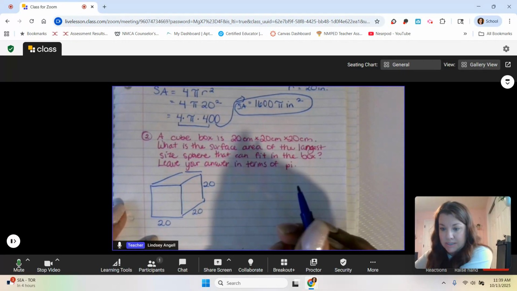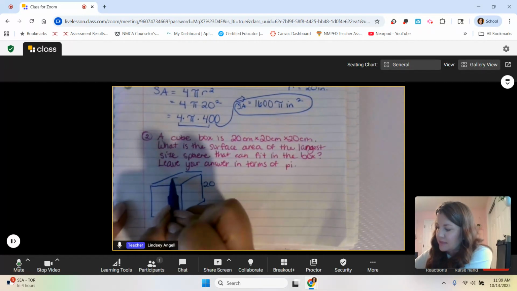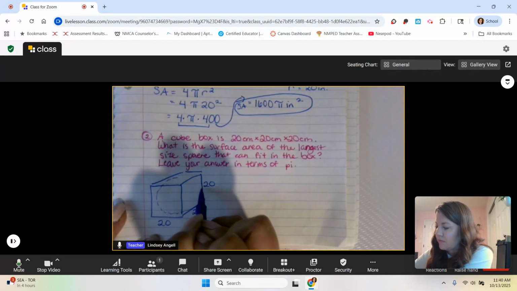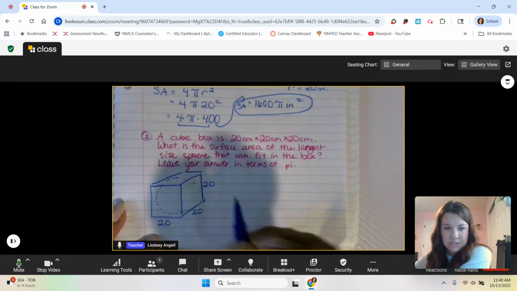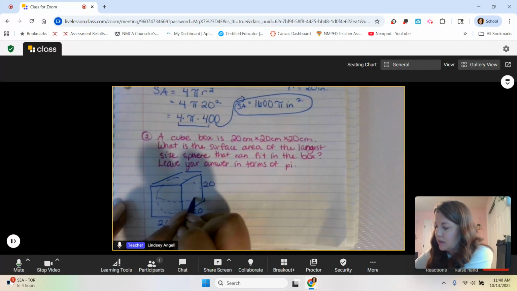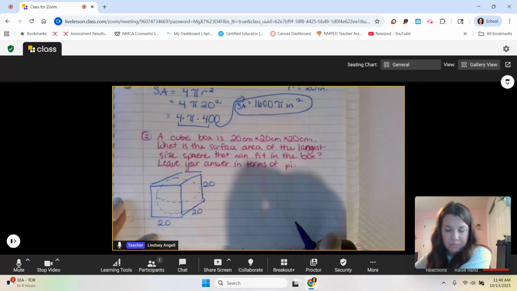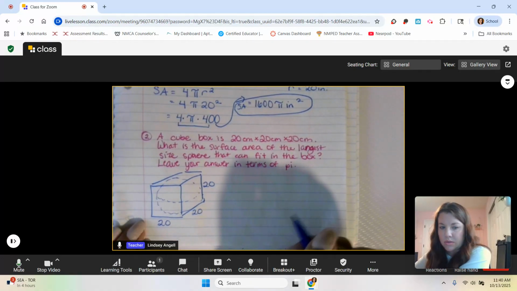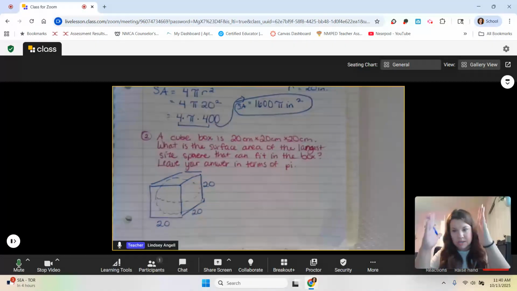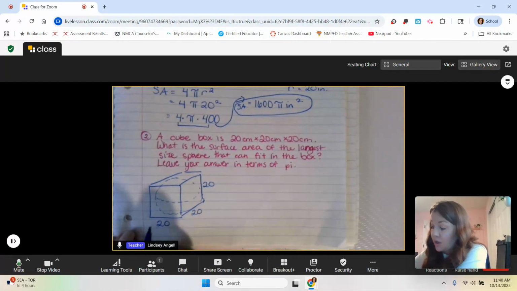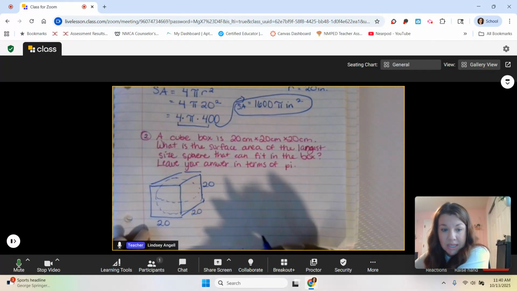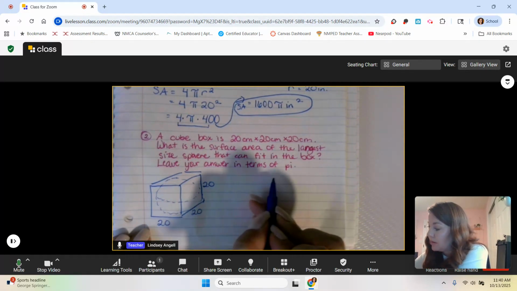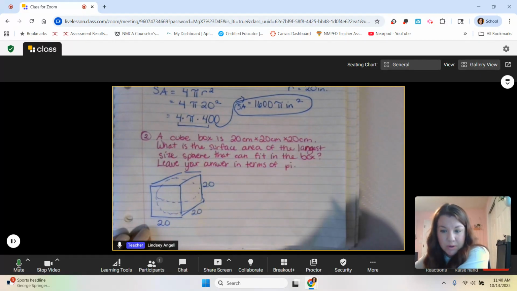But what we're pretending is that there's a sphere inside there, just to pretend like that's a three-dimensional shape. That means we could technically fit a sphere that has a diameter of 20 centimeters across.